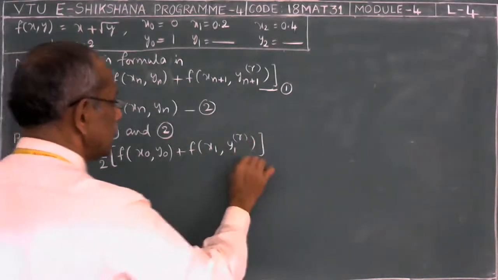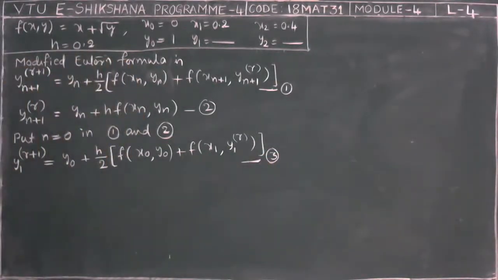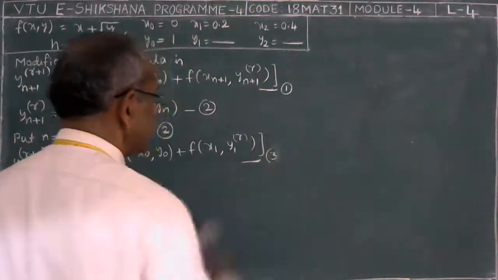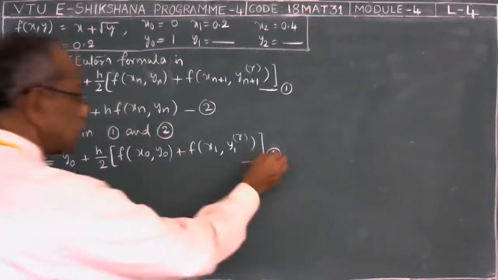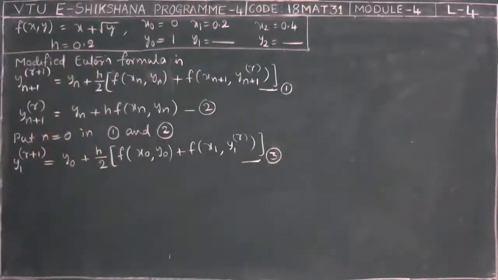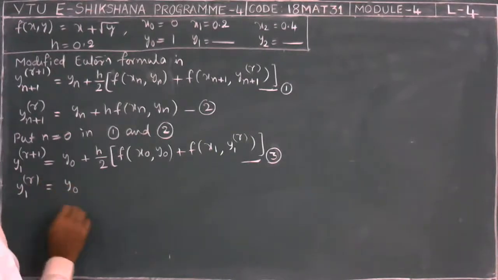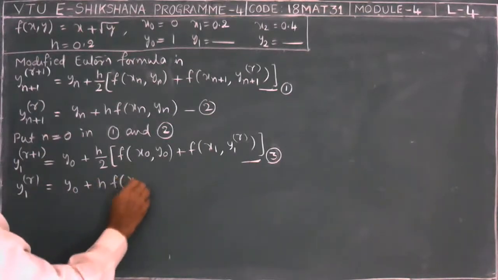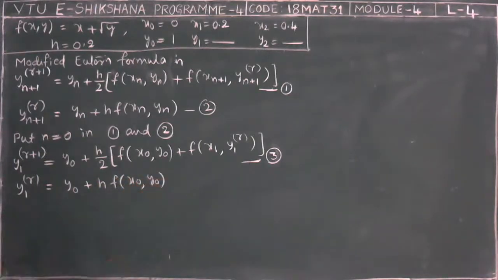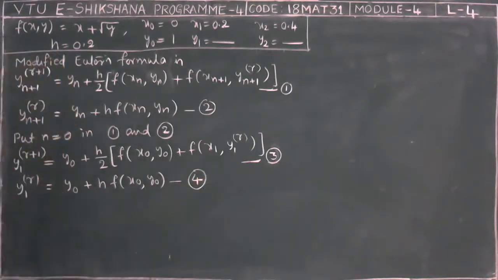Close the square bracket. Call this equation number 3. Then 2 becomes y1 superscript 0 is equal to y0 plus h into f of x0 comma y0. Call this equation number 4.